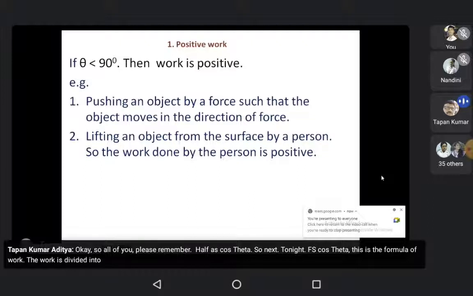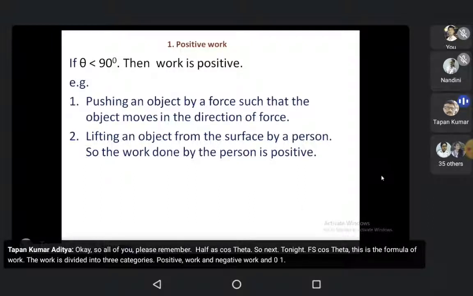The work is divided into three categories: positive work, negative work, and zero work. The first one is positive work.